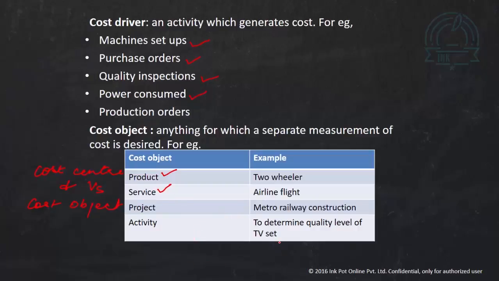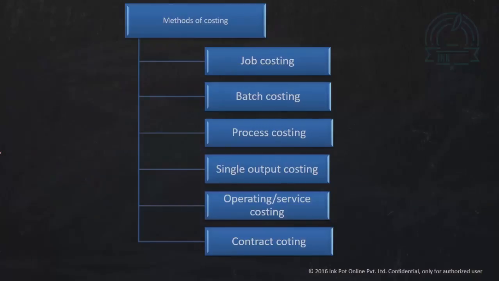Now there may be several departments involved, like we cut the wood, we assemble the desk, then we paint the desk. These different departments will be cost centers. So first we calculate the total cost involved in each cost center, and then we compile it to calculate the cost of the object. So cost center is a narrower term than the cost object.